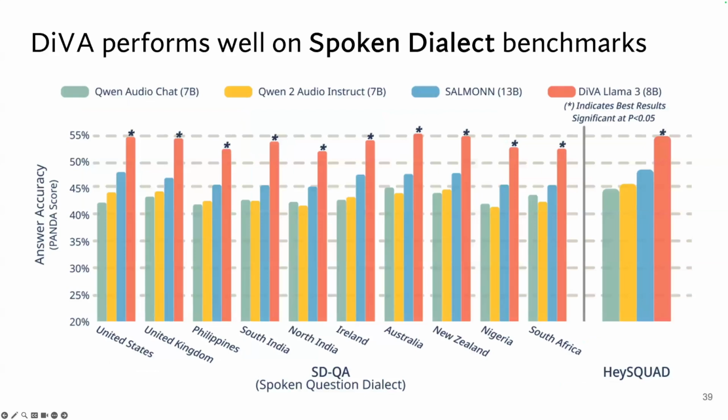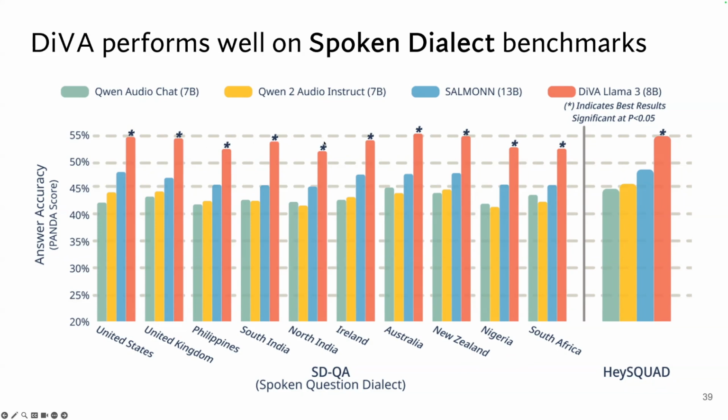With this kind of setup, what we found is that systems like DIVA actually perform well on these spoken dialect benchmarks or spoken language identification dataset. So the x-axis here refers to dialect, or English spoken in different countries: US, UK, Ireland, Nigeria, New Zealand, etc. And then the y-axis is the accuracy.